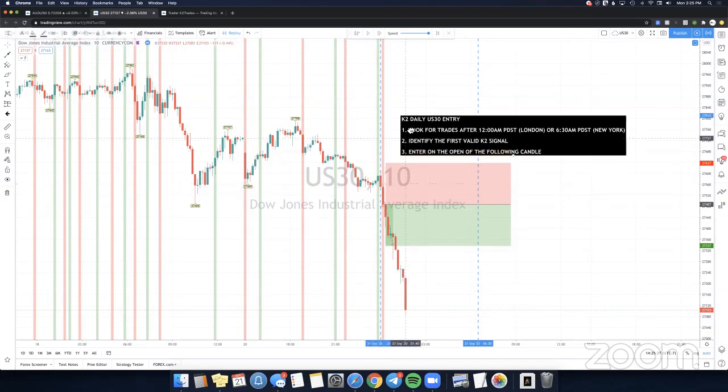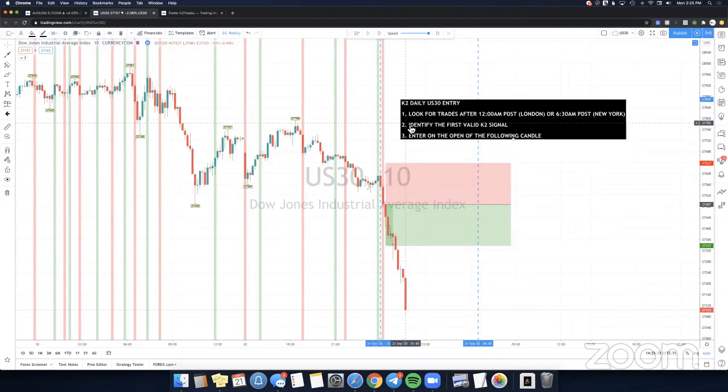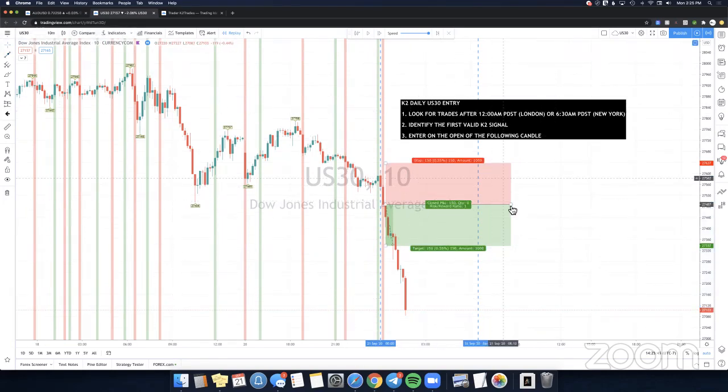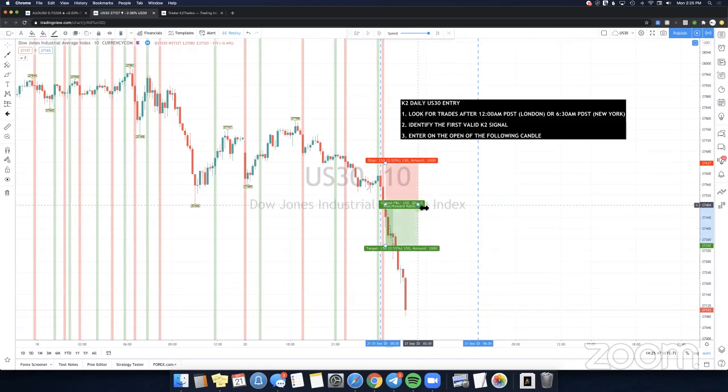So what we're doing is we're just piggybacking off the ride. We're waiting for them to push the price, and then once they show what direction they're trading in, we're just riding that wave with them, and then we jump off the ship once we make a profit, because you never know when it's going to end up reversing on you. So you just ride it in the direction that it's going until it reverses.